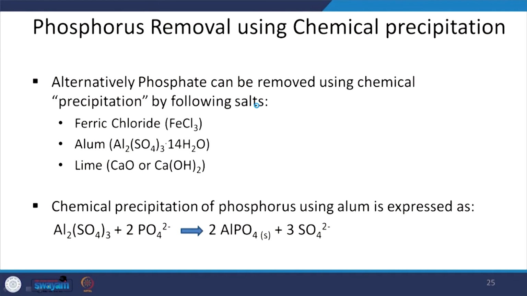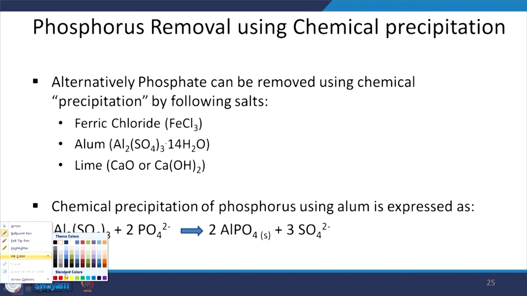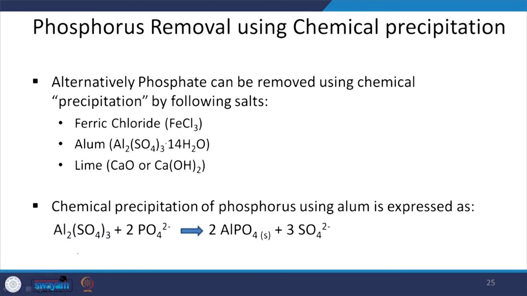So, phosphorus, as we mentioned, can also be removed by chemical precipitation. Precipitation meaning if I have a compound that is dissolved with a relevant ligand, I can see to it that the compound which is dissolved, after reaching a certain threshold, will precipitate out, as in I am changing the phase.